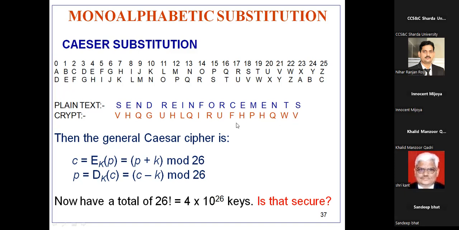S is coming twice and both times it becomes V. Similarly, you can take any letter like E. E is H here, E is again H here, E is again H here. It means monoalphabetic. That's why the name monoalphabetic, right?